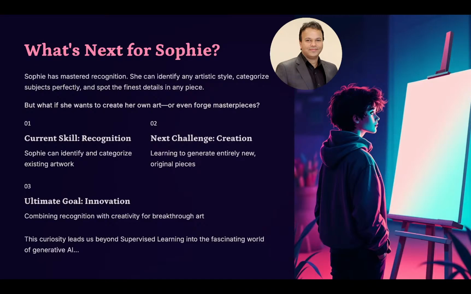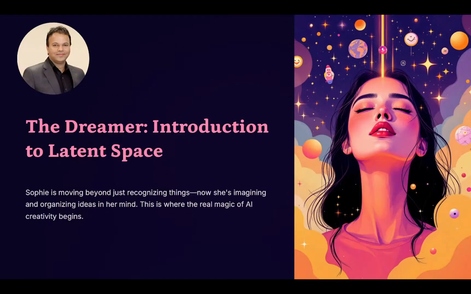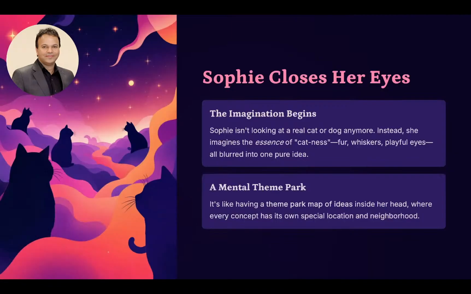Now that she has mastered recognition, the next challenge is about how can she start painting, how can she start generating, creating new masterpieces, original pieces, artistic work. So Sophie is going to start imagining and organizing ideas in her mind, right? And that is what's going to make us understand how generative AI works and how you give a prompt to a tool, it starts generating what you want, right?